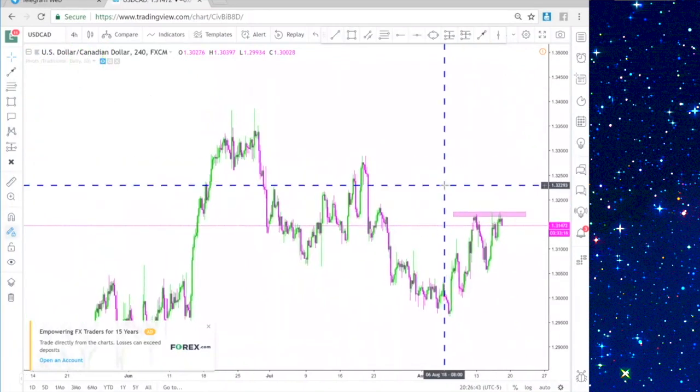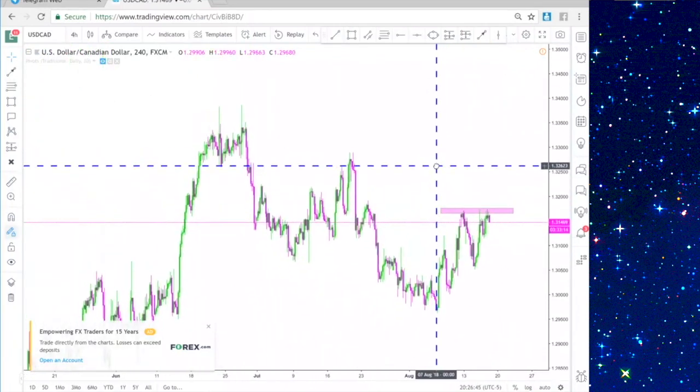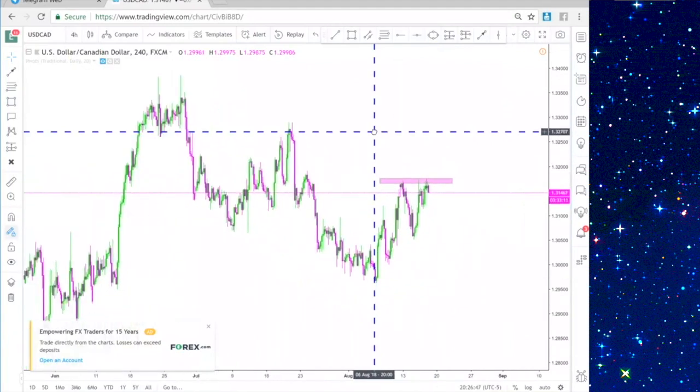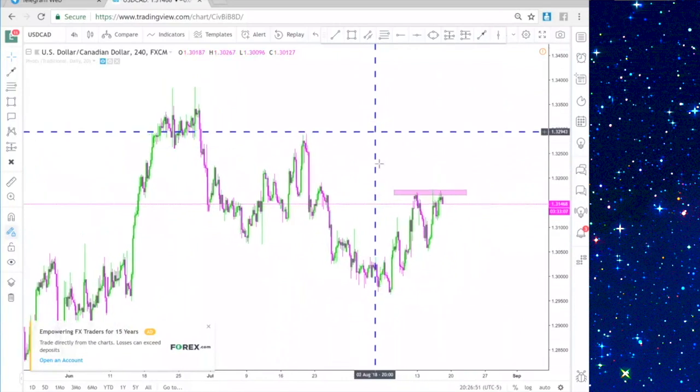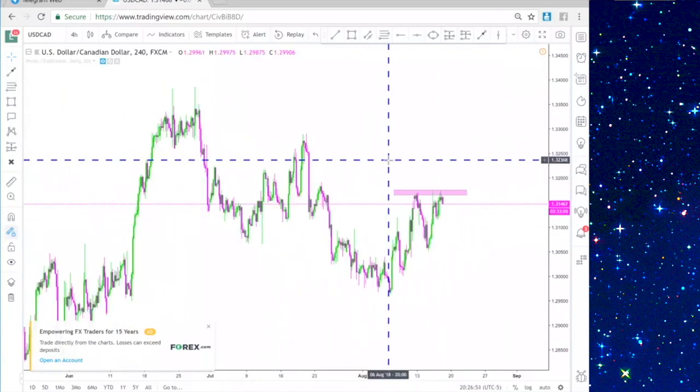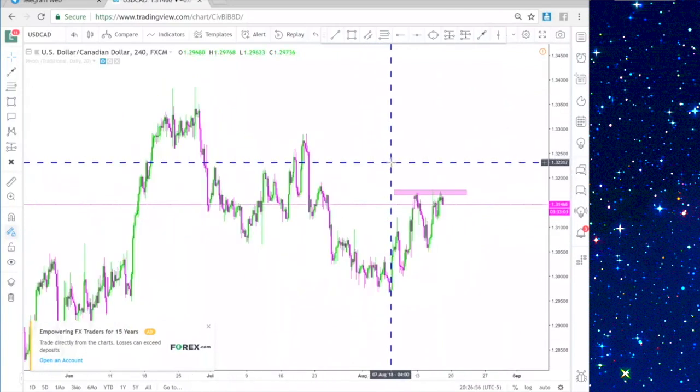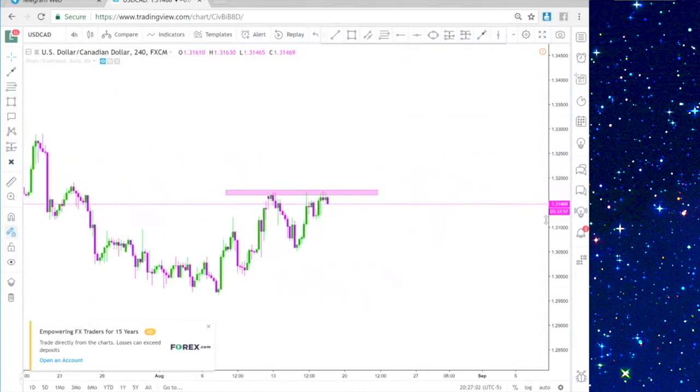Structure is bullish. I don't want to get into stuff like that right now. I want to keep it very, very focused on structure and fibs. But yeah, so let's look at her.